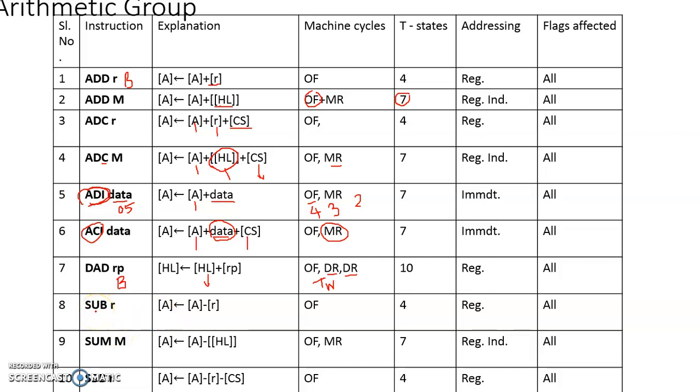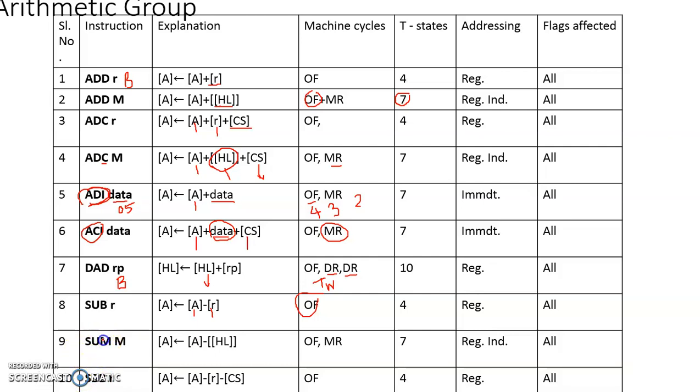This is a 1-byte instruction and will be completed by means of an opcode fetch operation. Overall, it will require only 4 different T states because both the operands are readily available within the microprocessor. Addressing mode for this one is implicit and for this one it's register addressing mode, and this will affect all status flags.